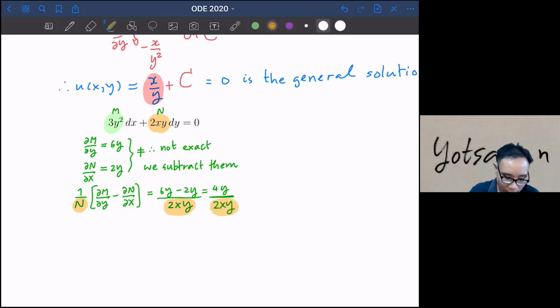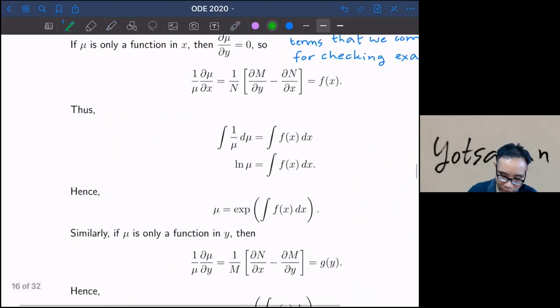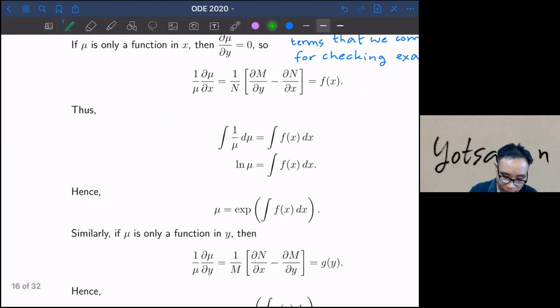And this guy turned out to be 2 over x, and this one is your f(x). With me so far, this is how we obtain f(x).